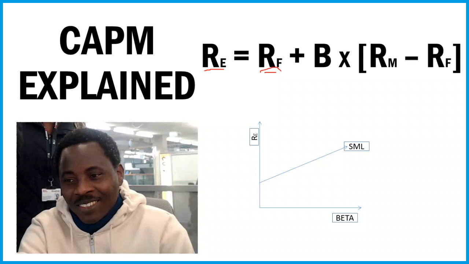Likewise in the UK. I just did a risk-free rate for the UK, and it's currently about 3.39.